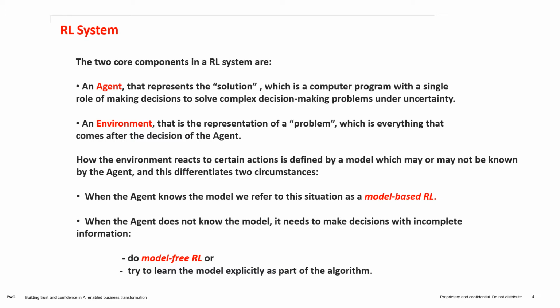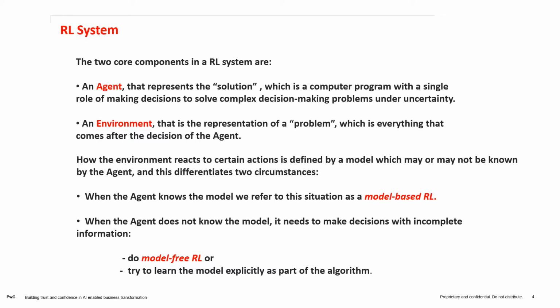Now, how the environment reacts to certain actions of the agent is defined by a model. And that model of the environment can either be known by the agent, in so-called model-based reinforcement learning. In this case, you actually need to build a model representing the environment. So it becomes pretty complex, and it can also be error-prone. However, there's also another approach where the agent does not know the model at all.